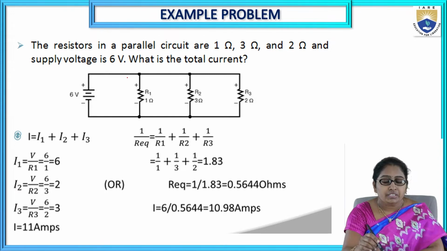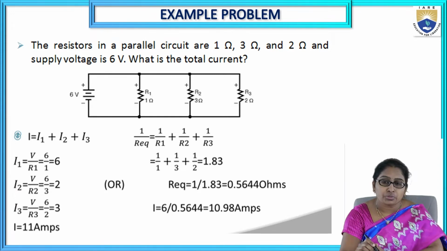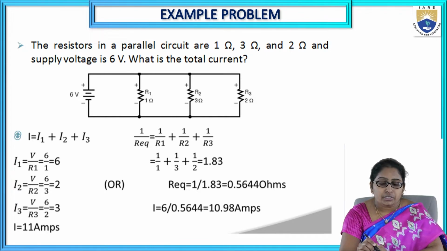So now to find the total current, how to find it? Based on the previous explanation, one method to solve this problem is to find the total resistance. 3 resistors connected in parallel, find the equivalent resistance of the 3 resistors.